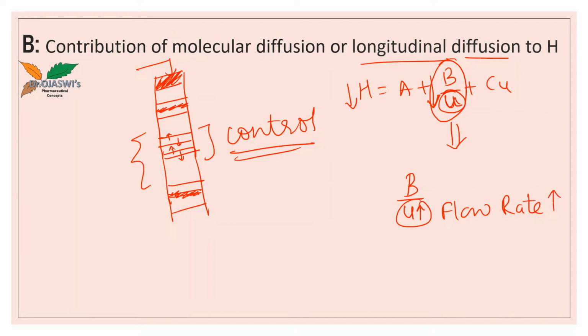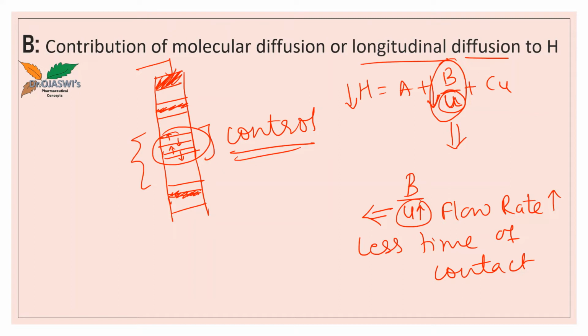If I'm increasing the flow rate, that means I am giving less time of contact of the solute with the fresh mobile phase. Okay, so less time of contact of the solute with the mobile phase can be achieved by increasing the flow rate.